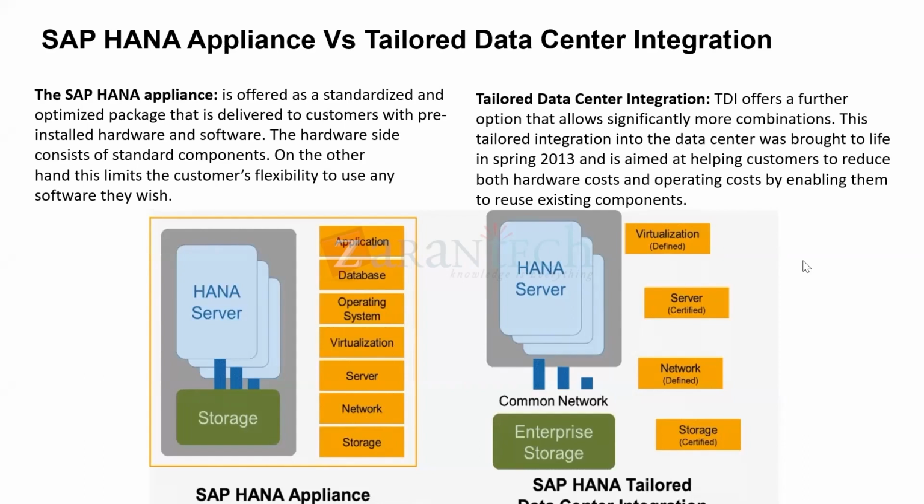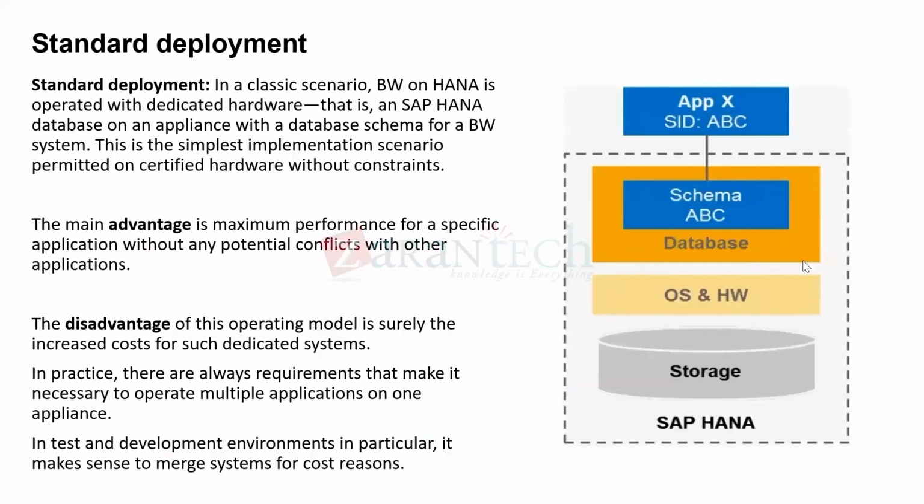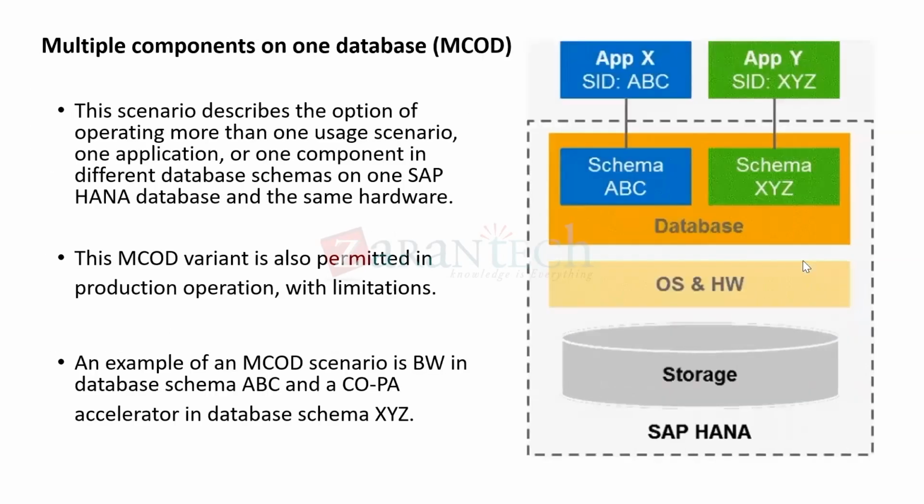Here, based on the client-specific requirement, the information can be tailor-made to suit their needs. Obviously, that comes with an additional cost as well. Now, standard SAP HANA: you have storage, operating system, hardware, database, and then schema. Under the schema, you have all the tables and other information. This is the standard deployment option for SAP HANA.